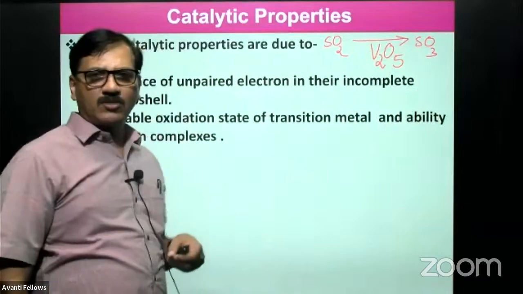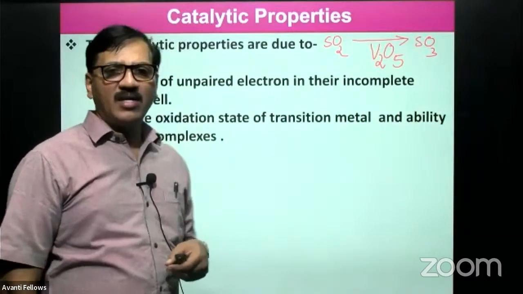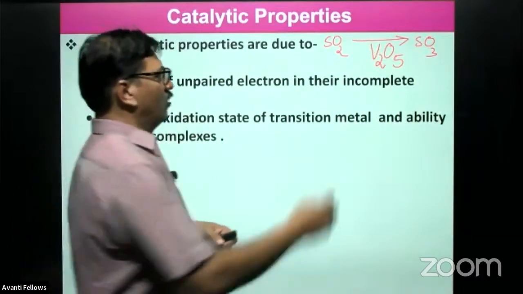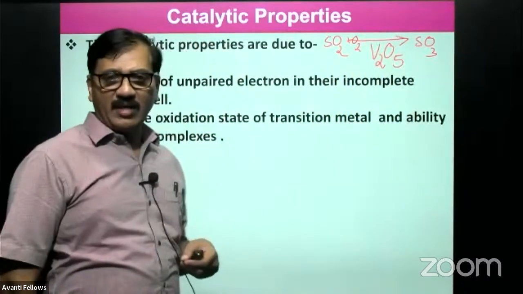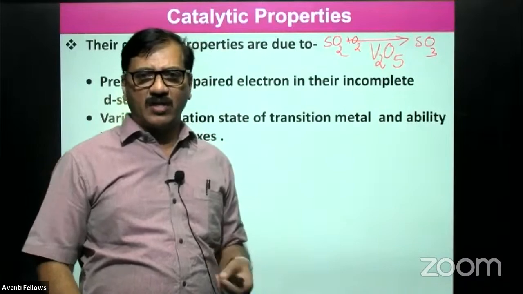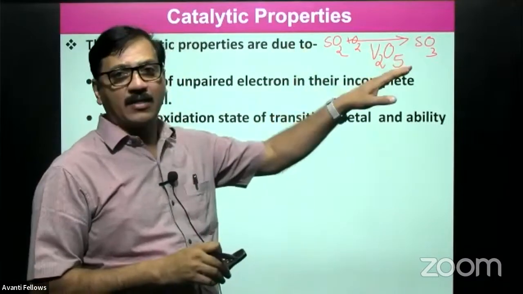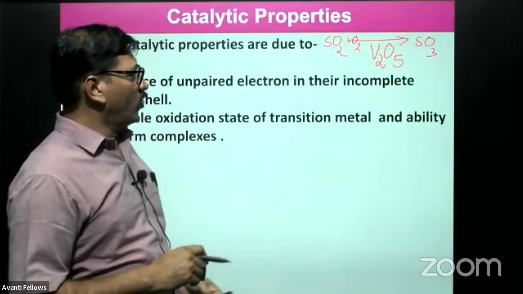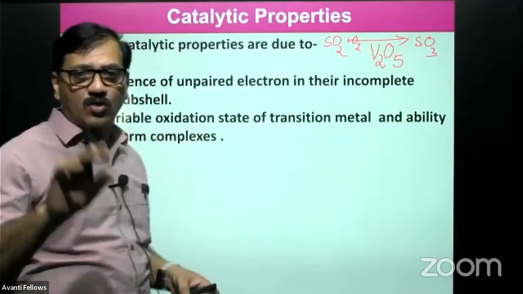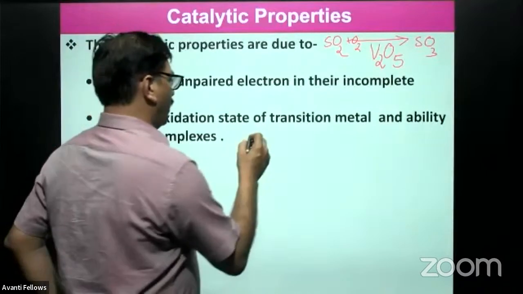Sulfur dioxide to sulfur trioxide, we need a catalyst, V2O5. With naturally available oxygen, even at higher temperature, it is not easily done until we use V2O5. Now why V2O5? Because it has variable oxidation states.